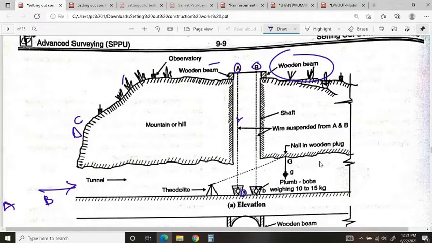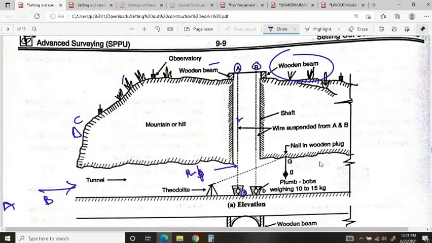We can call this one the plumb bobs. You have already seen what you mean by plumb bobs. So we will support that because due to the weight it will stay vertical. So the control points are transferred to the ground.